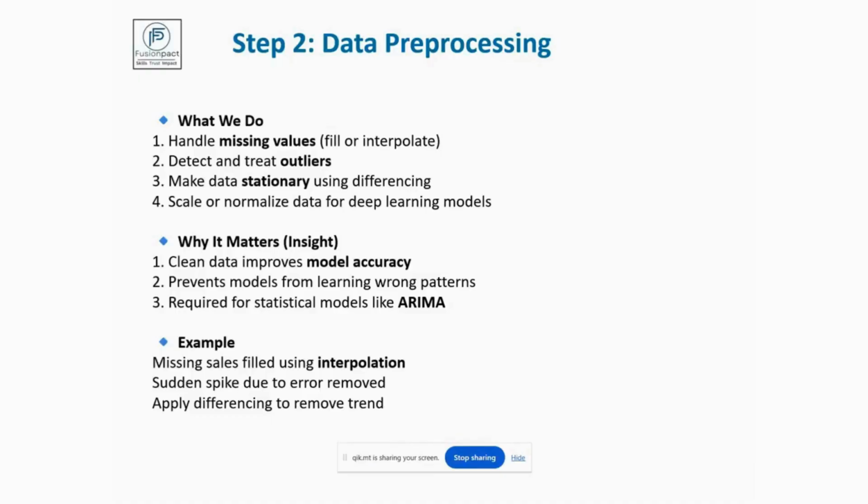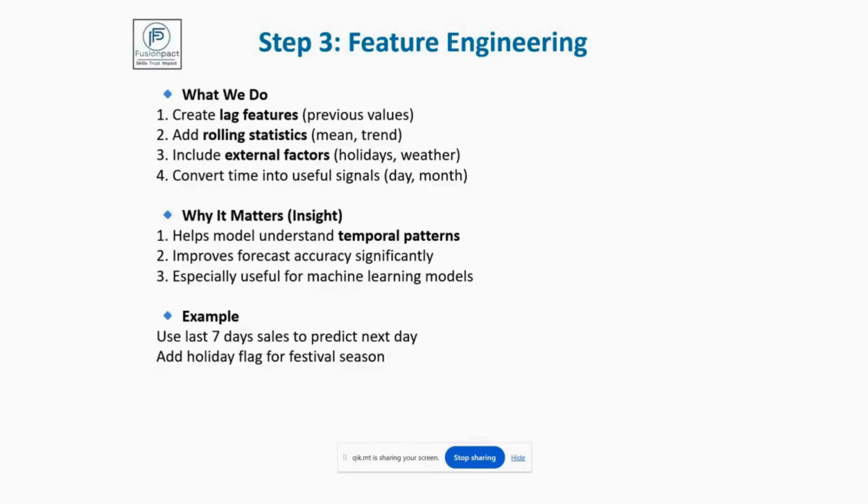For example, we can fill missing cells using interpolation, then remove error spikes and apply differencing to remove long-term trends.